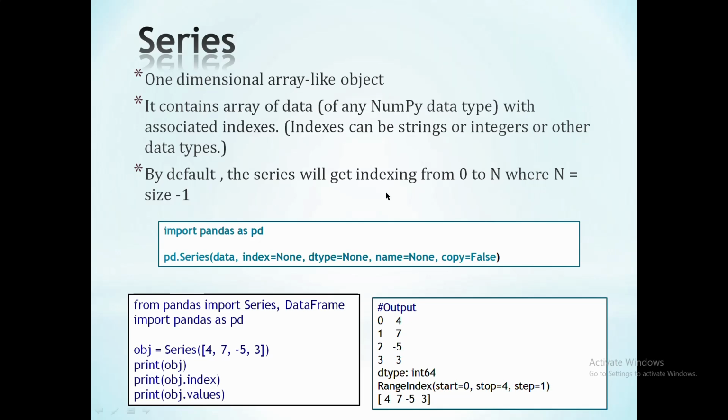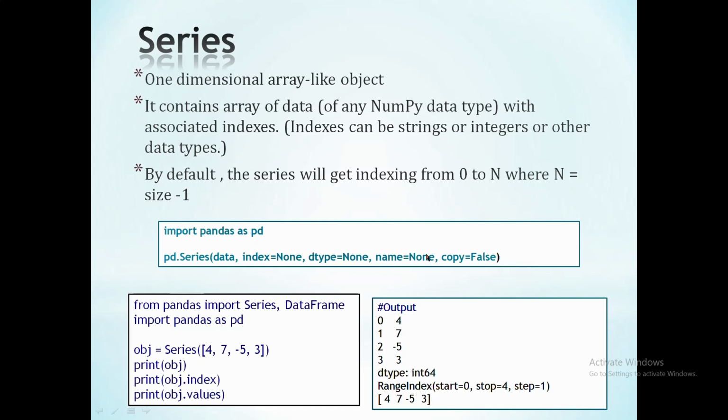The syntax to define the series is: you have to import Pandas, then use pd.Series, the function that is used to define a series. In that, data refers to the data in which you are going to create a column-like structure, then index, then the data type if you want to refer, then name and copy.